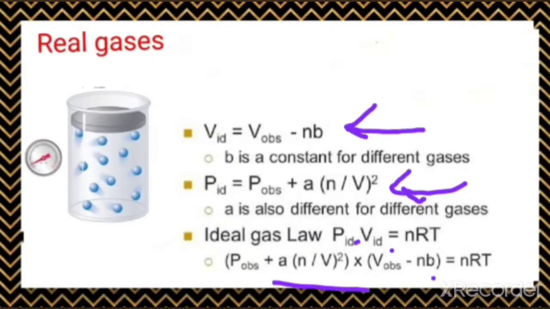So we got the equation, with P real, which can also be written as P observed: P plus a n square by V square, into V minus nb, is equal to nRT.